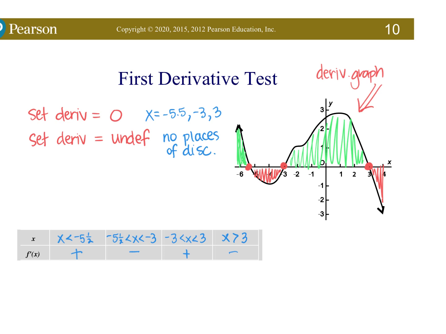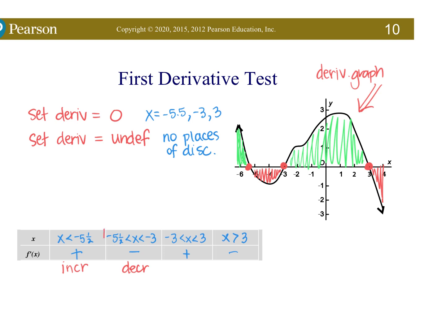Now, once we have the chart, it's pretty easy to tell where there's going to be a max and where there's going to be a min, and where the increasing intervals and decreasing intervals are going to be. So it's the same as yesterday. This would be an increasing interval changing to a decreasing. That means the original graph, which we can't see right now, is following this behavior. The original graph is looking like it goes increasing to decreasing.